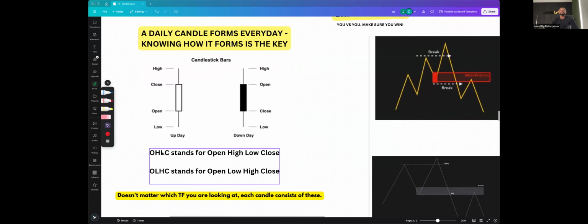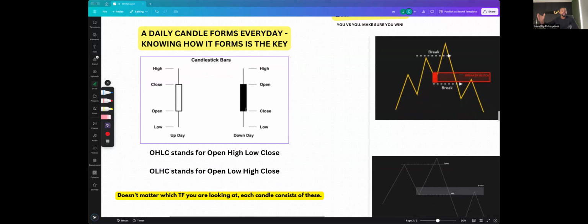So for a bearish candlestick, it would open here. So open, manipulate higher, open high, and then it's going to make a low, and then it's going to finally close.